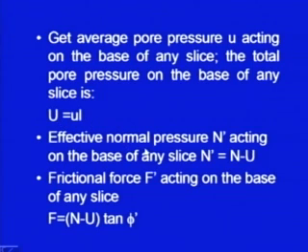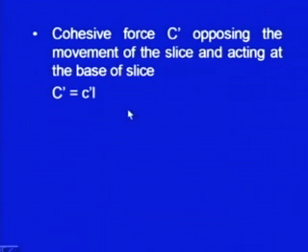Then the effective normal pressure N dash acting on the base of the slice will be equal to N minus U. The frictional force F dash acting on the base of any slice will be equal to (N minus U) tan of phi dash. And also the cohesive force C dash opposing the movement of the slice and acting at the base of the slice will be C dash into l.